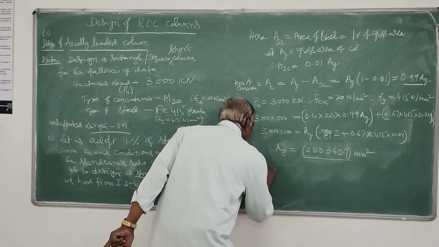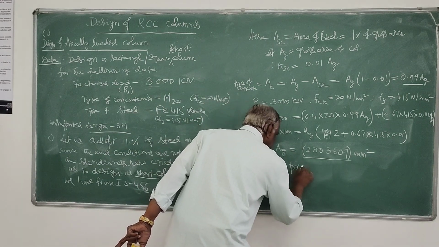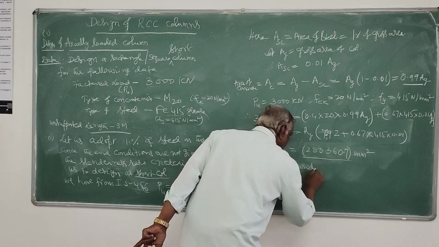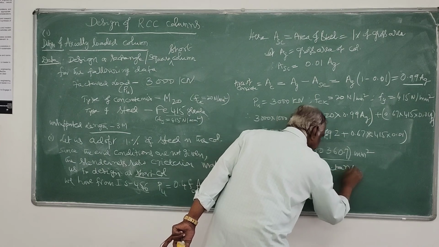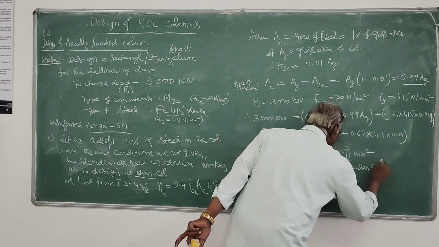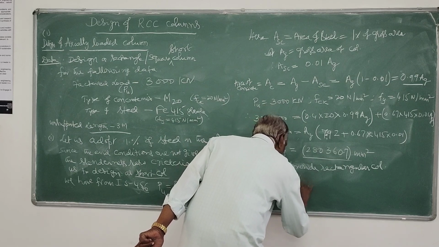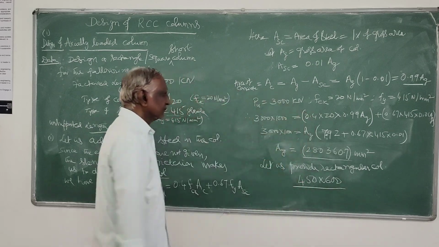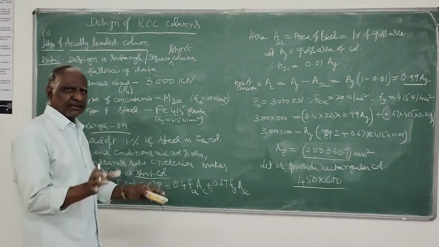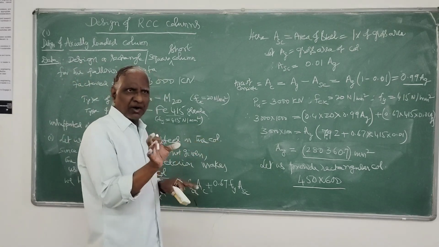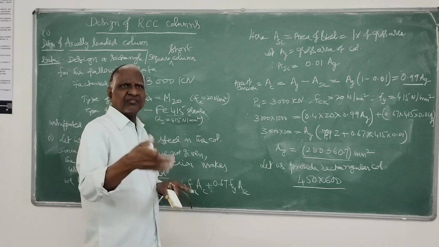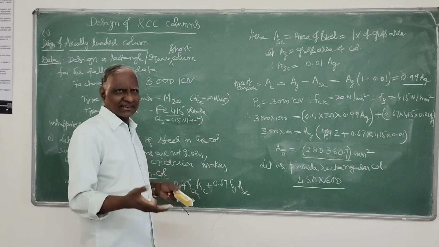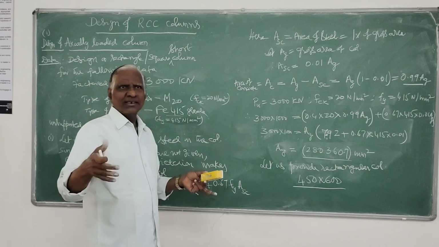Let us provide a rectangular column of size 450 by 600. Generally the width you can select ranging from a minimum of 200 in steps of 50 mm: 200, 250, 300, 350, 400, like that. Maximum around 600 or 800 you can go.